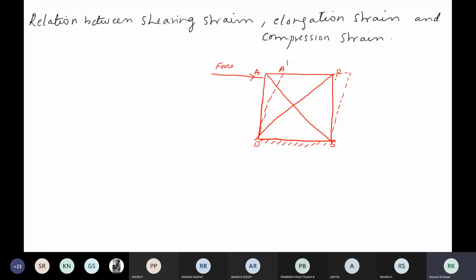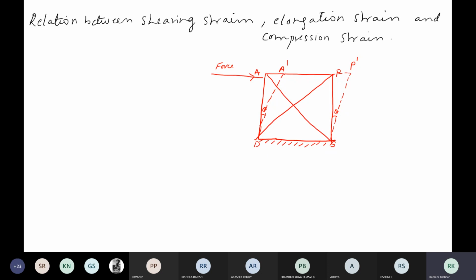It got turned through an angle, and P shifted to P dash. Because of the force, A shifted to A dash, P shifted to P dash. This angle is theta, and naturally this angle is also going to be theta.